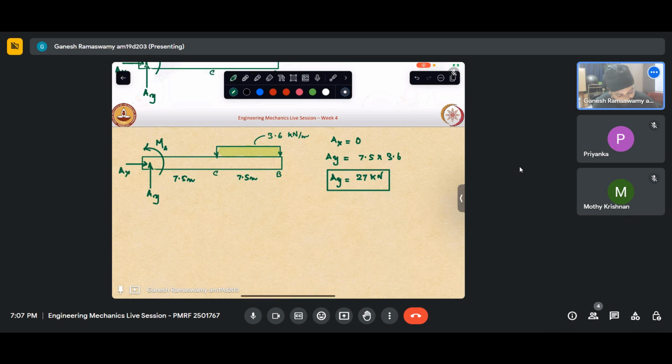So we have used up two equations and we got two unknowns, AX and AY.